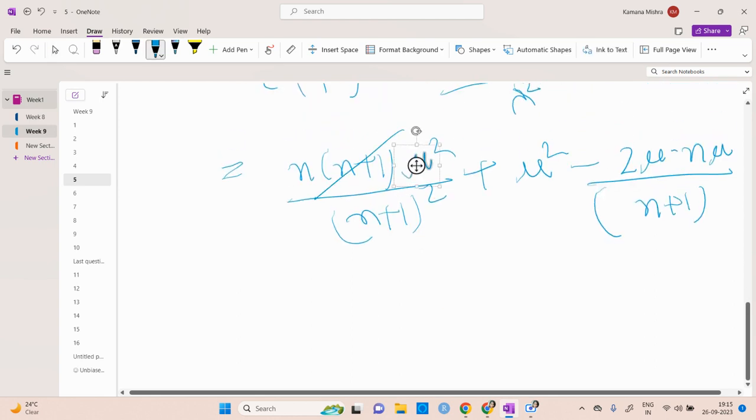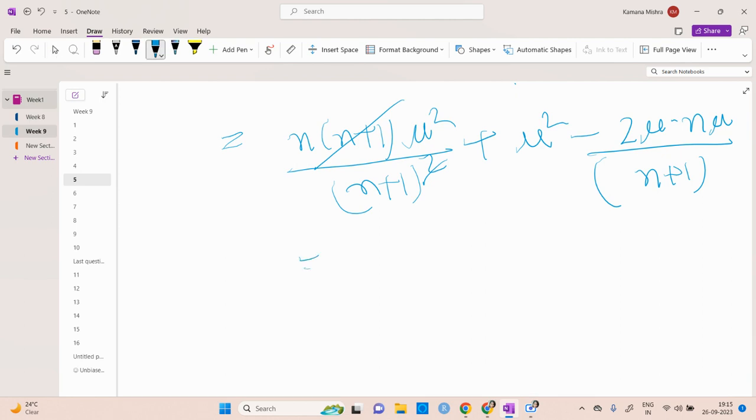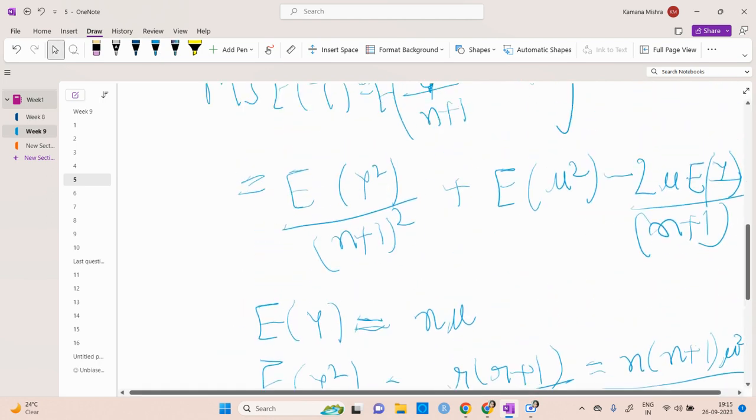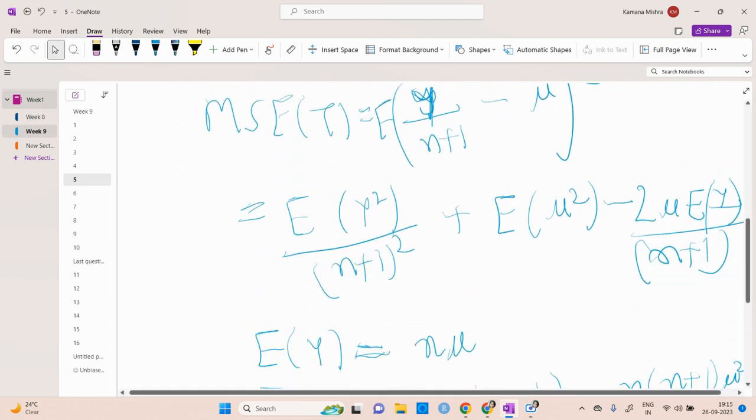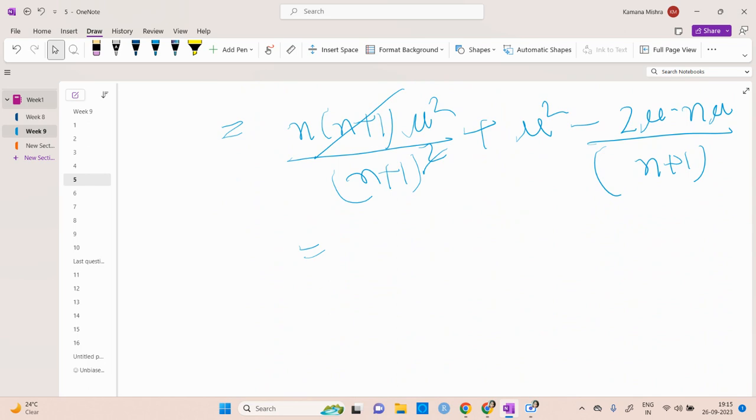So this n plus 1 will be cancelled out, it will be n mu square divided by n plus 1, and this is minus 2 n mu square divided by n plus 1, right? And then plus mu square.